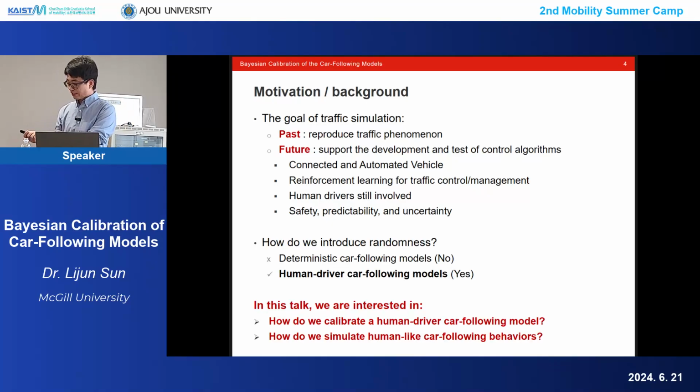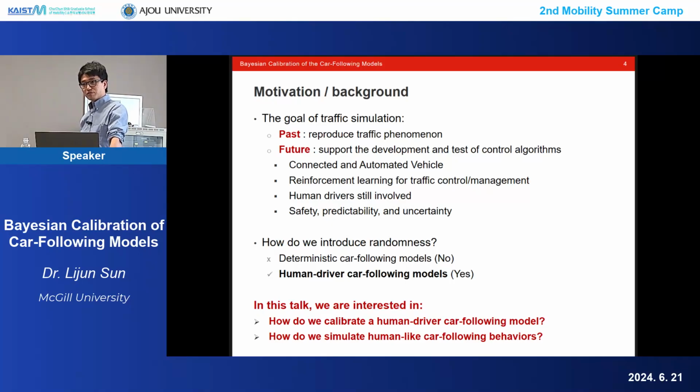And the answer is, in fact, no, because as I said, most of the existing models are almost deterministic. Although there's randomness in terms of the rate, when and where vehicles enter the network, the behavior part is mostly deterministic.